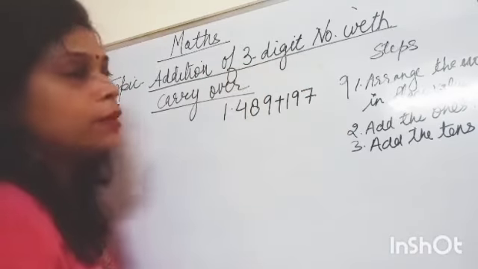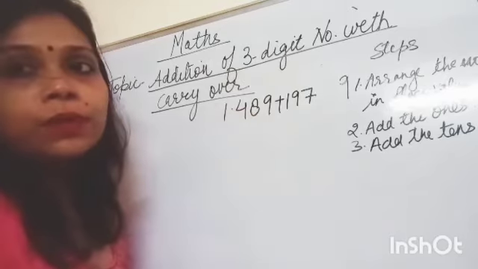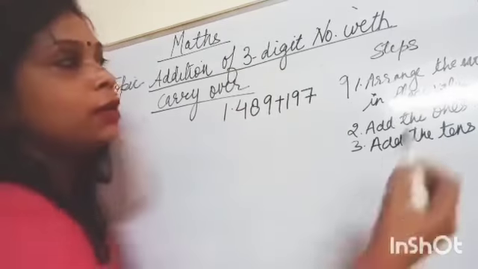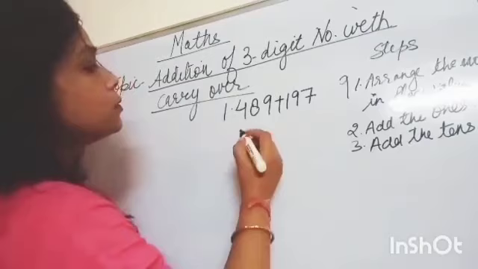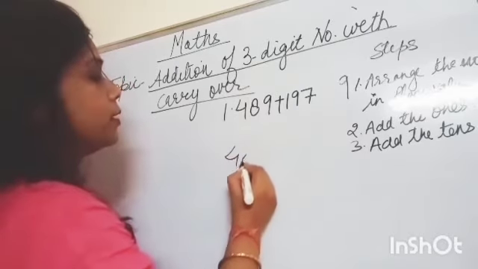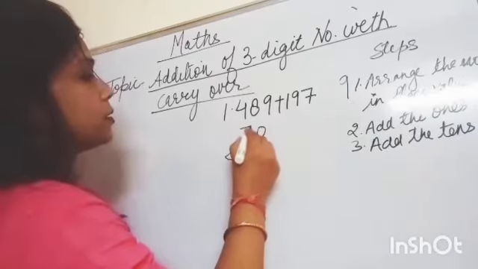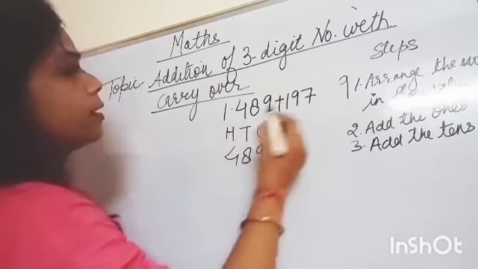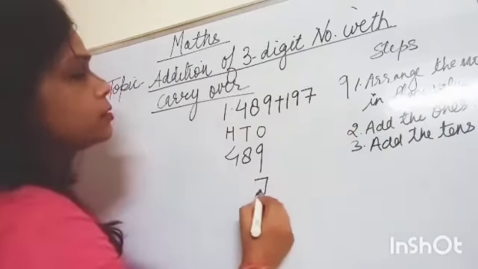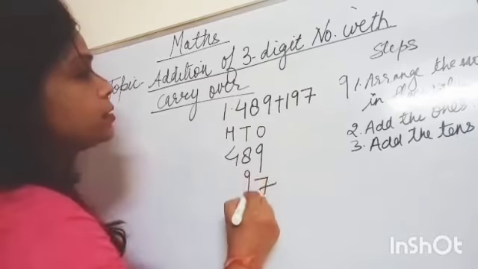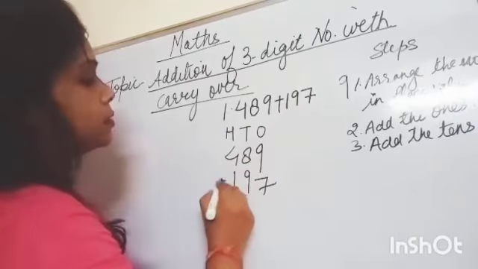This is the number. Again, first we will arrange the numbers according to the place value. So in 489, these are the ones, tens and hundreds. In 197, 7 is at ones place, 9 is at tens place, and 1 is at hundreds place.